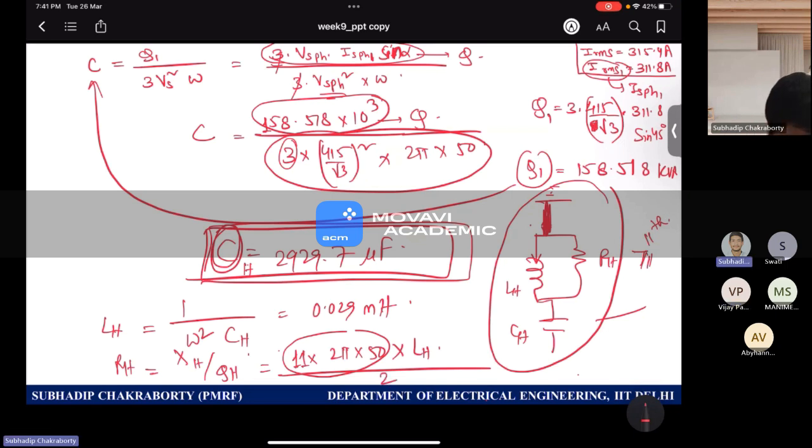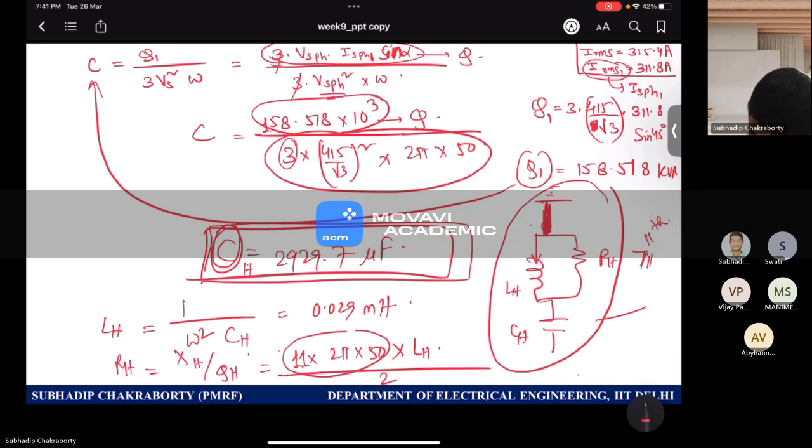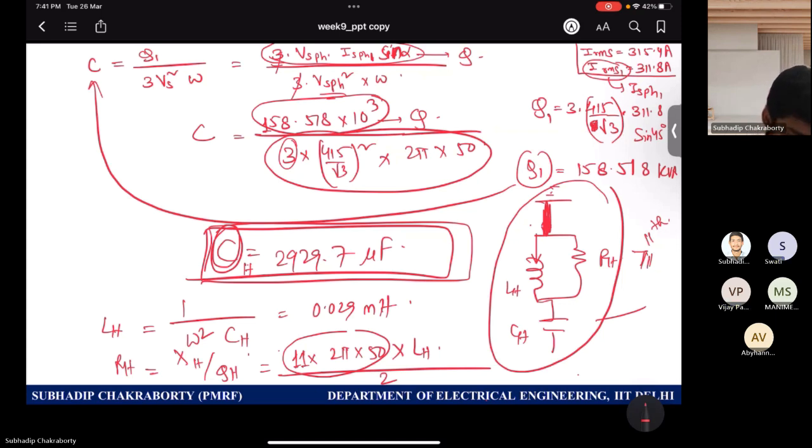Just check what RH value is coming. 0.05. Yes, correct.